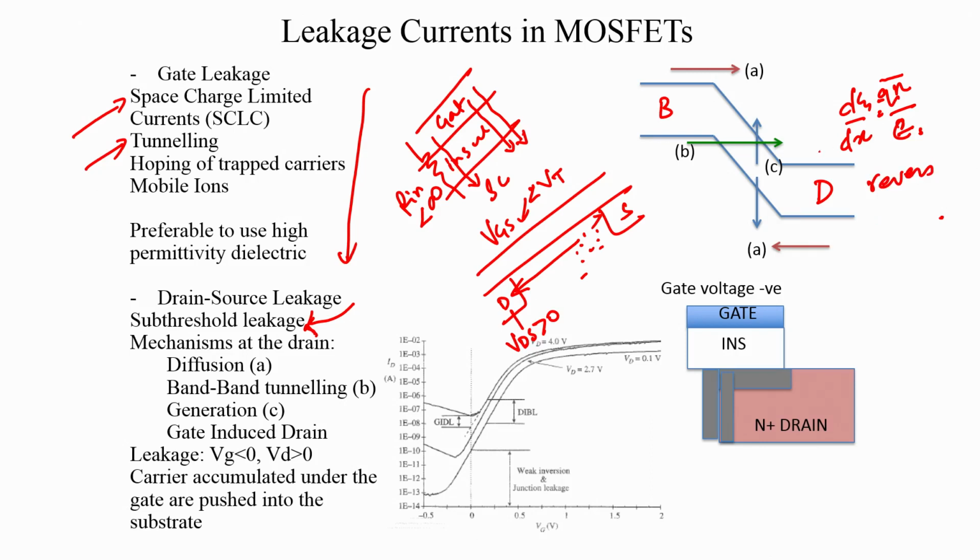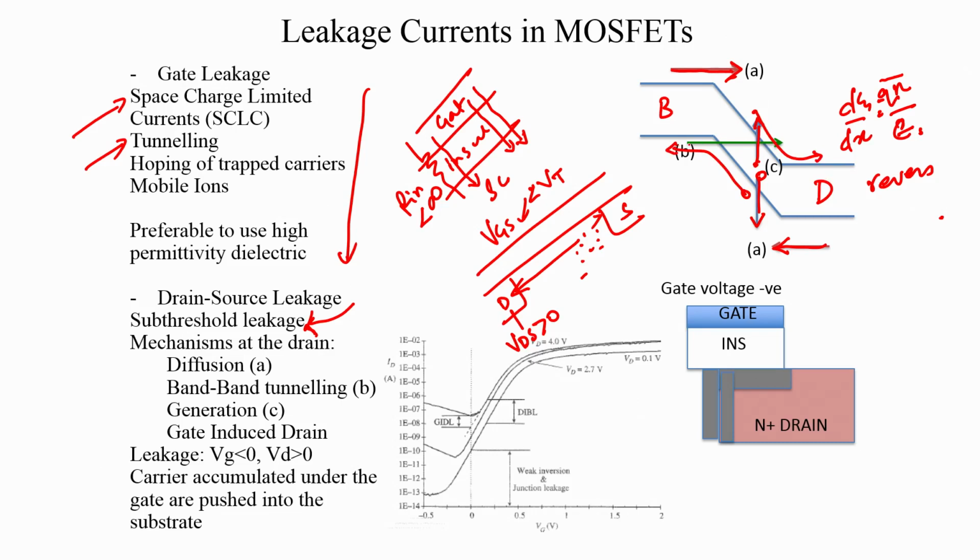Now, all mechanisms that contribute to currents in a p-n junction also contribute to currents in a MOSFET that is turned off, okay. And what are those mechanisms? You do have diffusion across from the p type body and the n type drain. So, you do have diffusion currents, and in the depletion region you will have a generation of electrons and holes, because the depletion region encourages generation in a reverse bias p-n junction diode, and therefore, these electrons will now drift over to the drain side and these holes will drift over to the body.